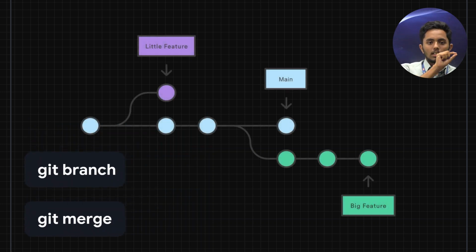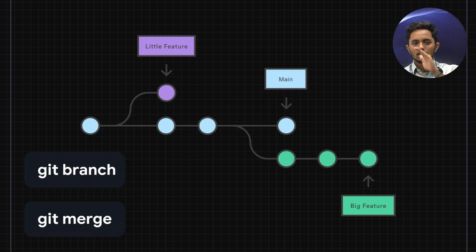Here the blue line represents the main feature that everybody in the company is working on. The new purple little feature is the one Rakesh is working on, and further along the line the green feature is maybe another feature worked on by someone else, maybe Alice. So git branch and git merge are the commands that let you do this kind of stuff.